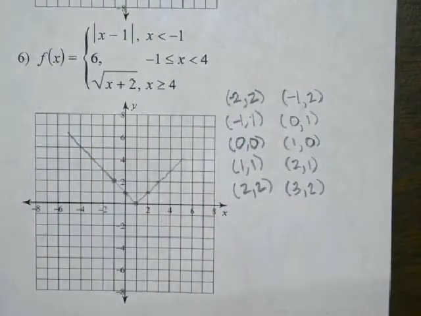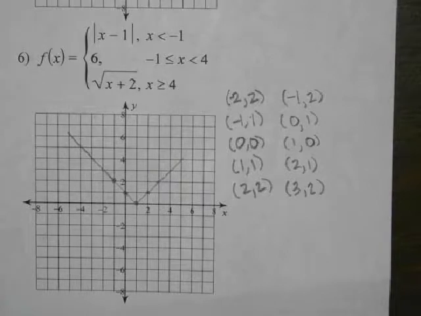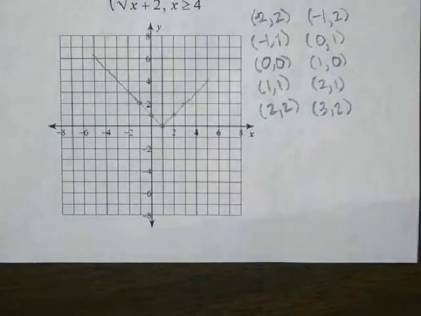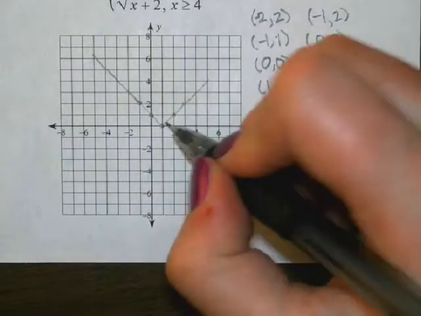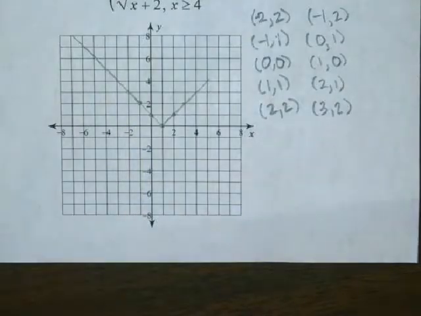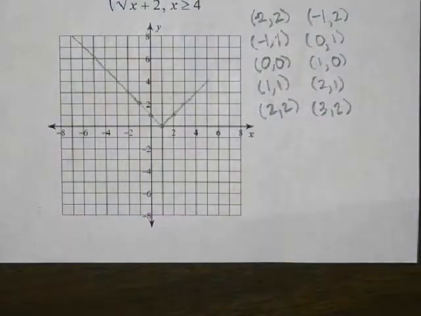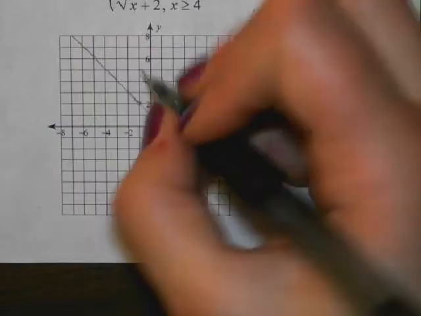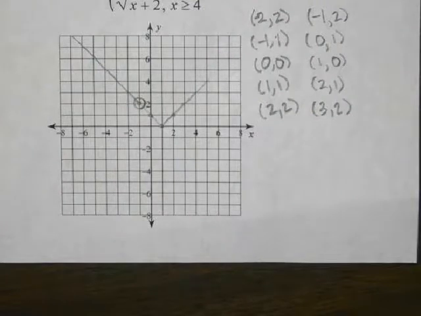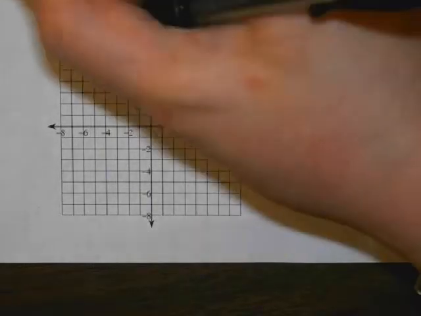So what do I do at -1? So we have something not filled in, right? At -1. And then what part do we keep? All the numbers to the left.